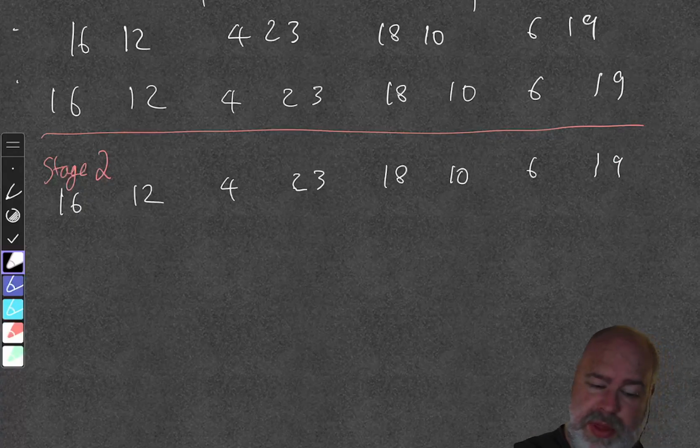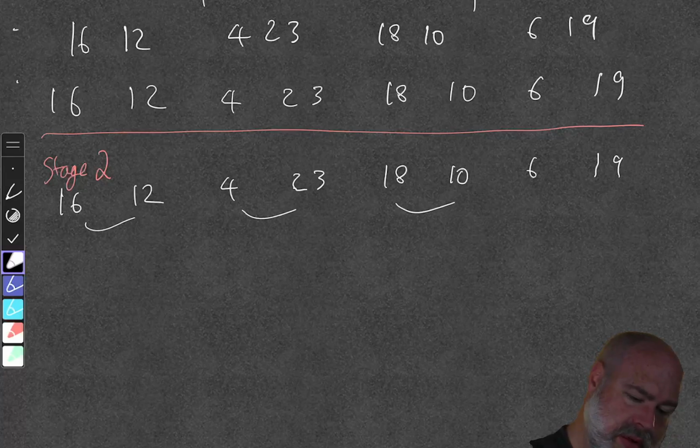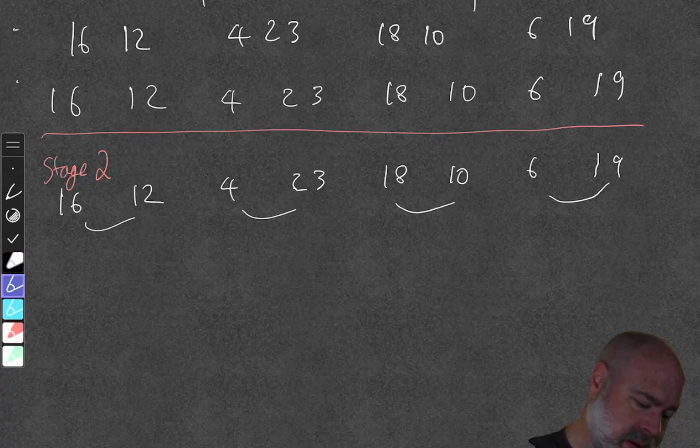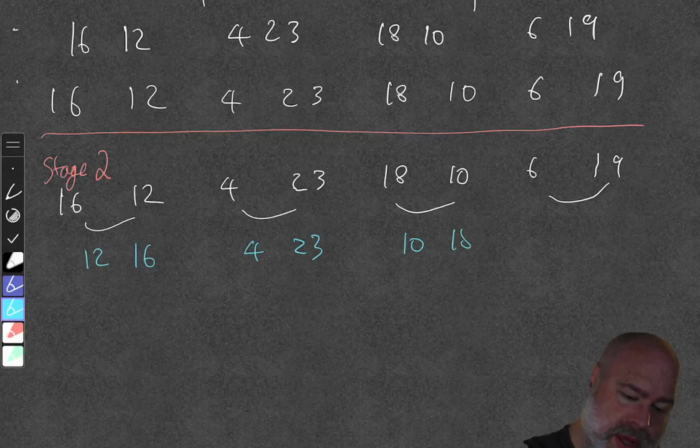If it wasn't even, there might be one on its own. Then it will look at these two, look at these two, look at these two, look at these two, and decide which order they need to be in. So 12 swaps around with 16, 4 and 23 stay where they are, 10 swaps around with 18, 6 and 19 stay where they are.